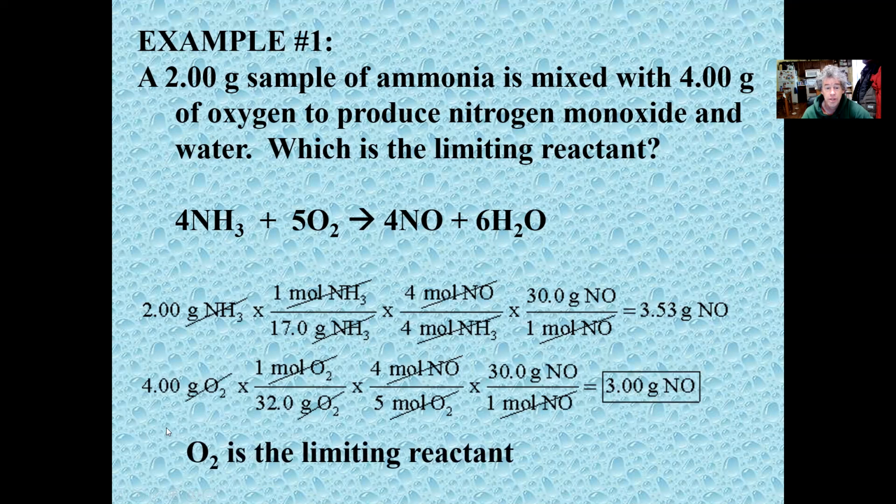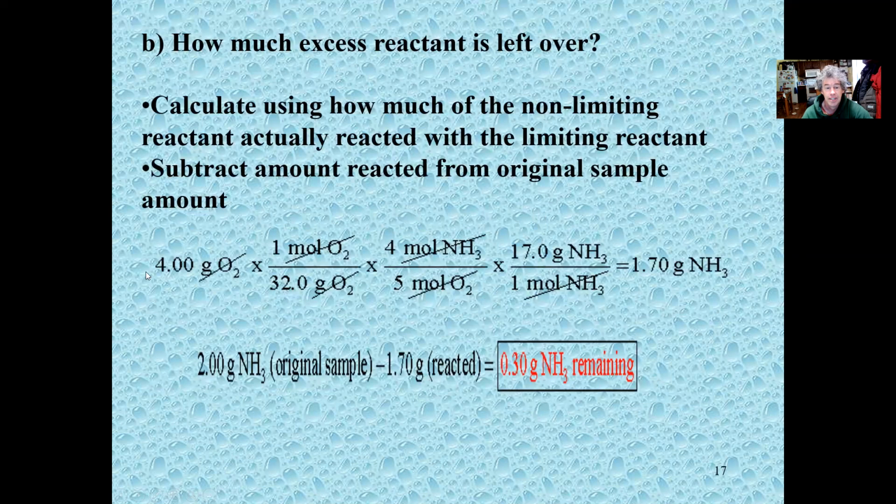Okay. Now, once we know that, you can actually calculate excess. And essentially, there's several ways to do it. One would be to start with your 4 grams of oxygen, convert to moles, and then use the mole ratio to NH3, which is your other reactant. So 4 moles of NH3 over 5 moles of oxygen, and then multiply by the mass there per mole.